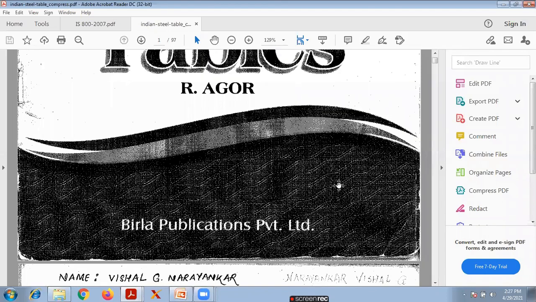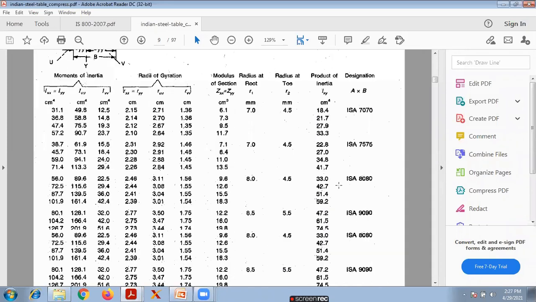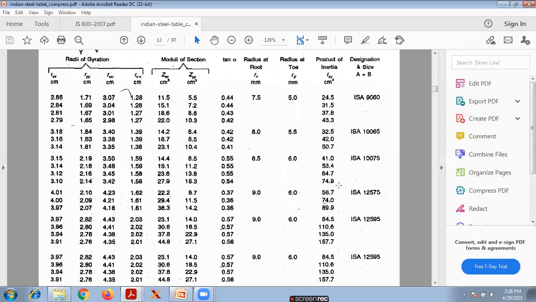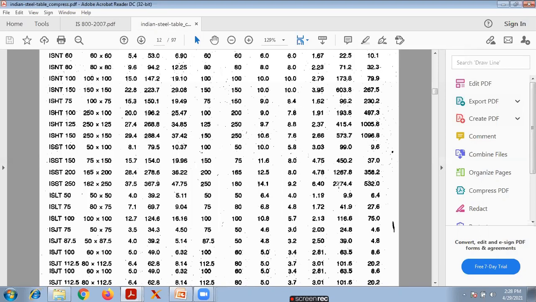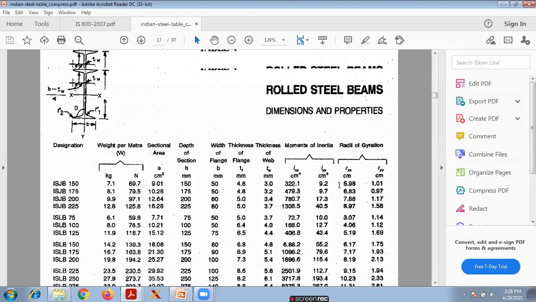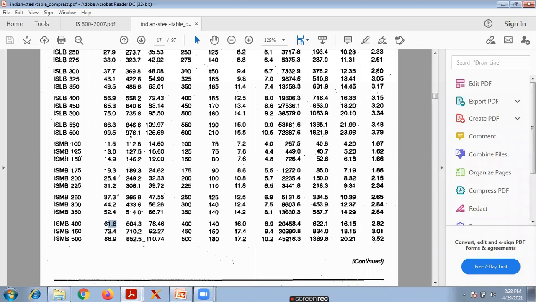In the starting only it is available in the page number 12. Please all of you open clearly. Page number 8, 9, 11 and 12. So in the page number 12 it is there, that is ISMB 400. So it is rolled steel beams only we are taking.